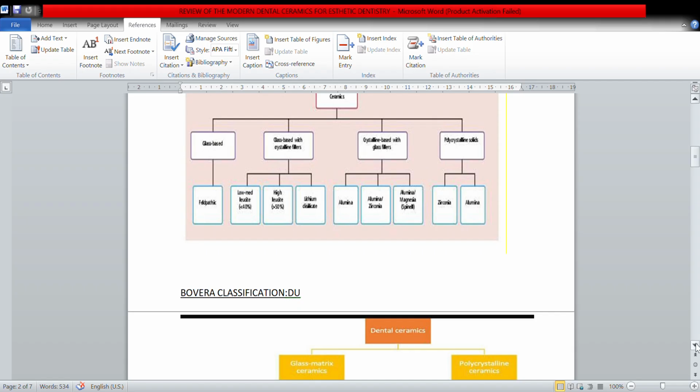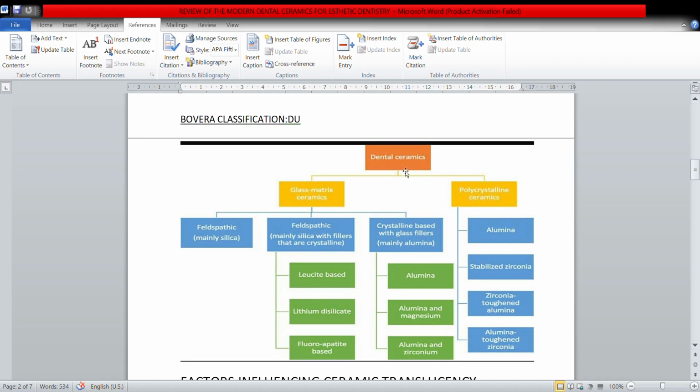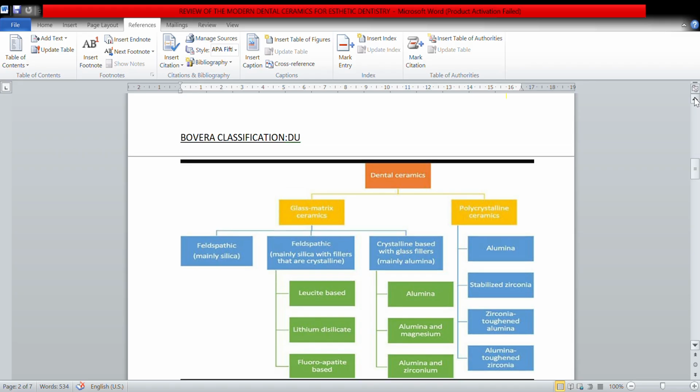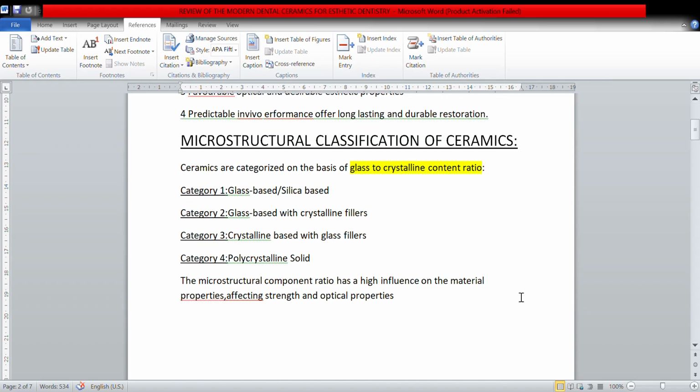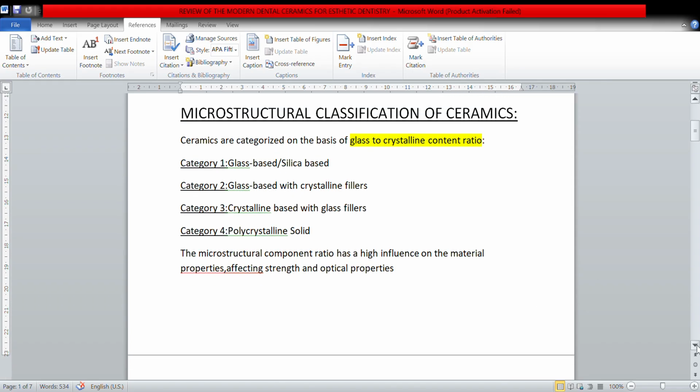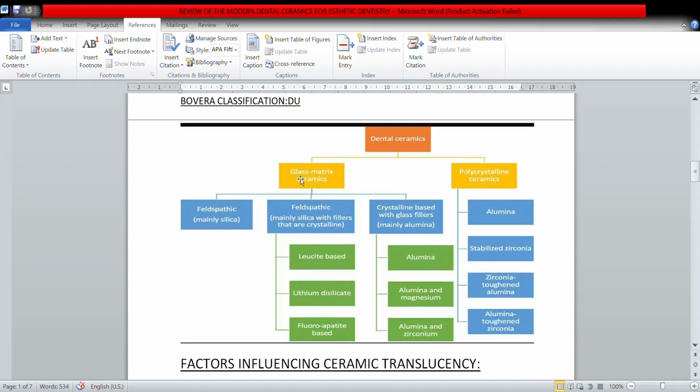It is also known as the Bovira classification according to a Dental Update article. Dental ceramics are classified on the basis of glass to crystalline content ratio. Here glass matrix ceramics, if composed mainly of silica, are known as feldspathic.